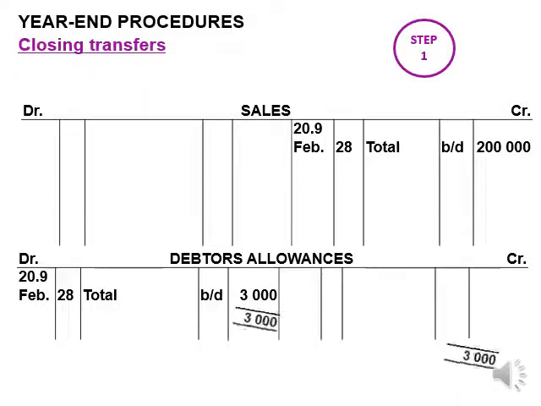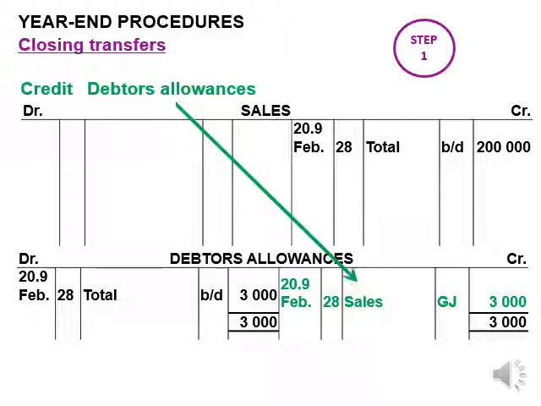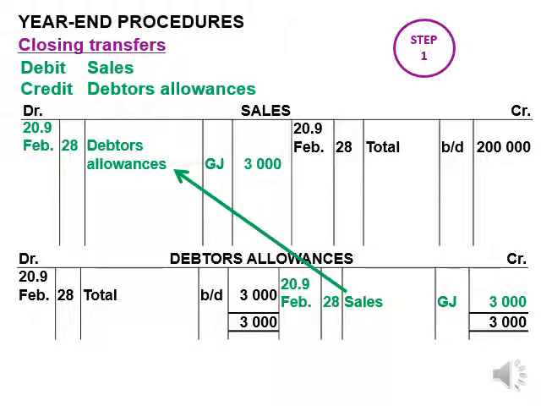We do that by crediting the debtors allowance account. For every credit, there needs to be a debit, and we will debit the sales account. At this point, the debtors allowance account will be 0, and the sales account will be decreased by the amount in the debtors allowance account. That is step number 1 of our closing transfers.